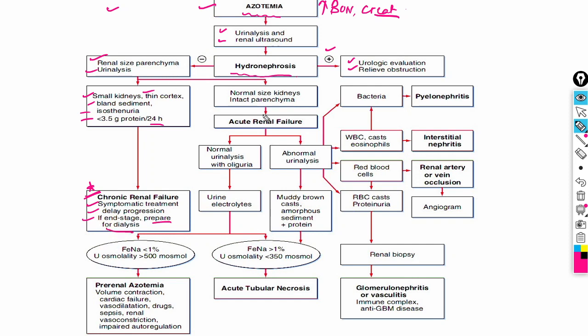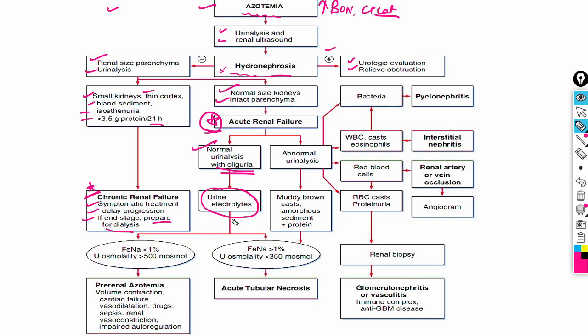On the other hand, if the USG is neither having hydronephrosis nor are the kidneys small, the kidneys are normal and having intact parenchyma, then the diagnosis of ARF, that is acute renal failure, is made. Now, based on the urine analysis, if the urine analysis is also normal with oliguria, we will then go for urine electrolytes.